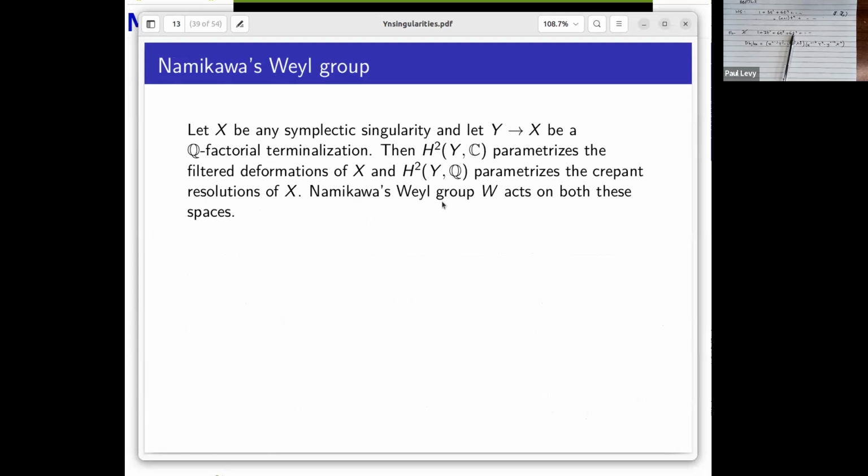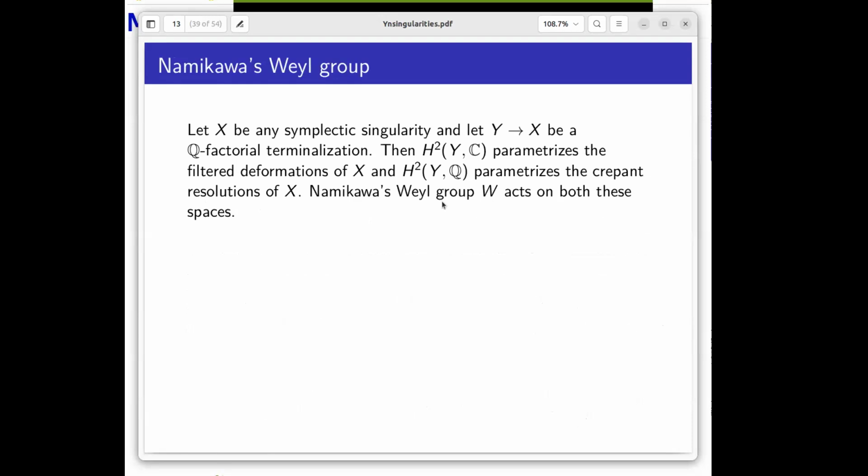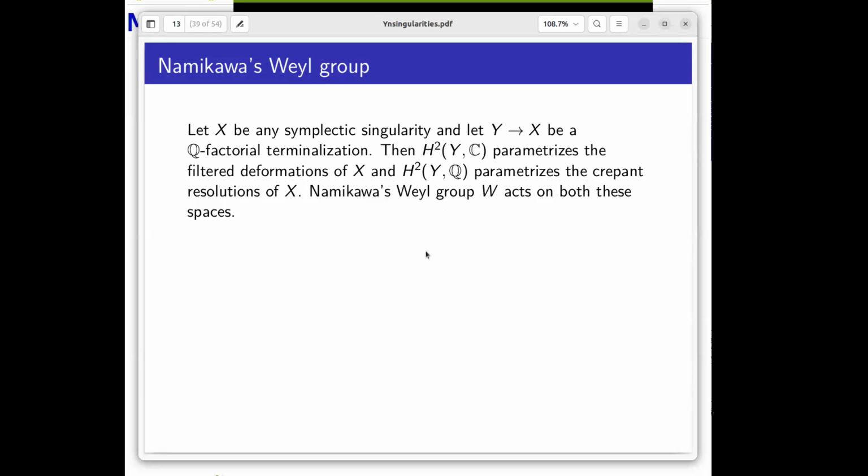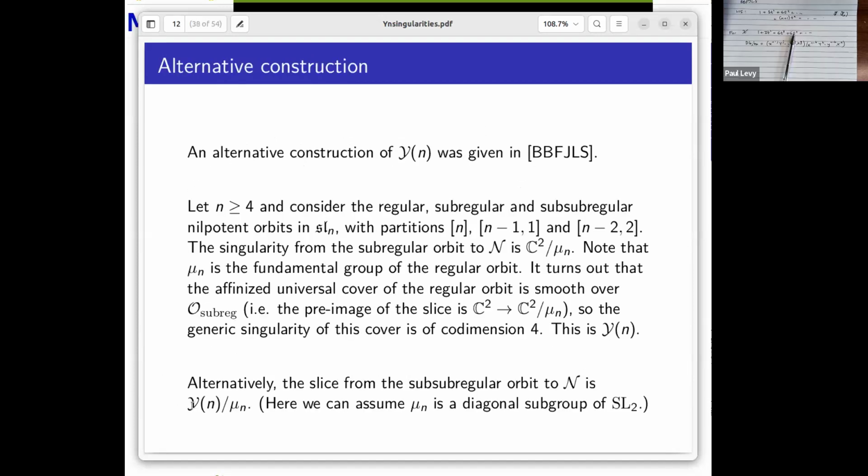So I want to think about what's the diagram of the last singularity? Sorry, I have to put my headphones on. Can you repeat the question, please? The question is, what's the Hasse diagram for the last singularity, for this Y_n over mu_n? Yes.